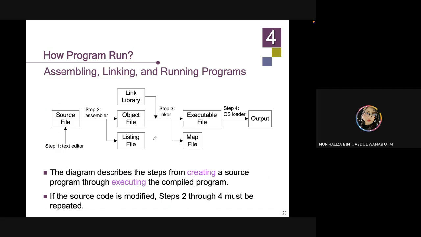About your listing file. What is inside this listing file? About your map file. Because it's going to show the flow when you want to execute some program. How does a program run?